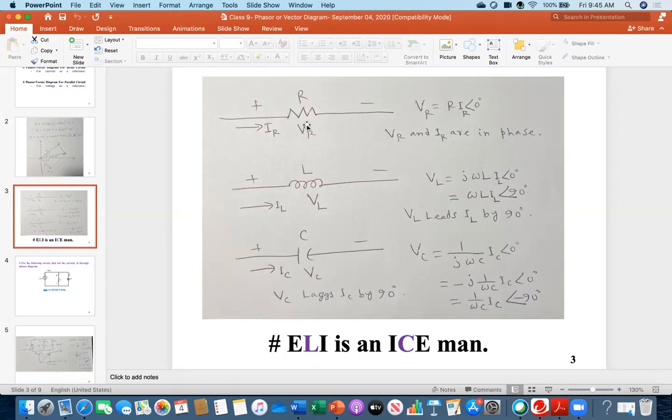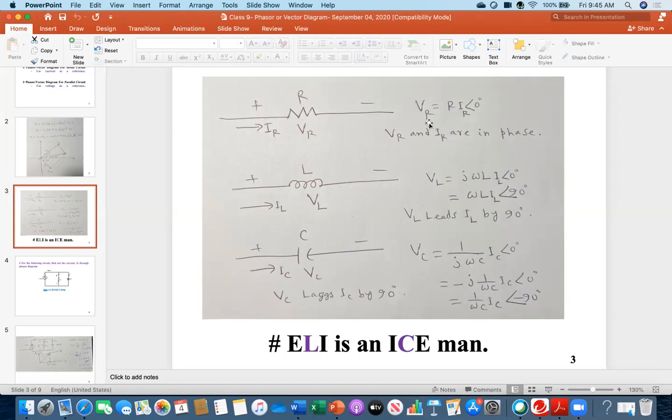Everybody see, when it is a resistance, for example, and the current flowing through it is IR, the voltage across it is VR. So you all know that in case of a resistance, voltage and current don't have any phase difference. They remain in the same phase.